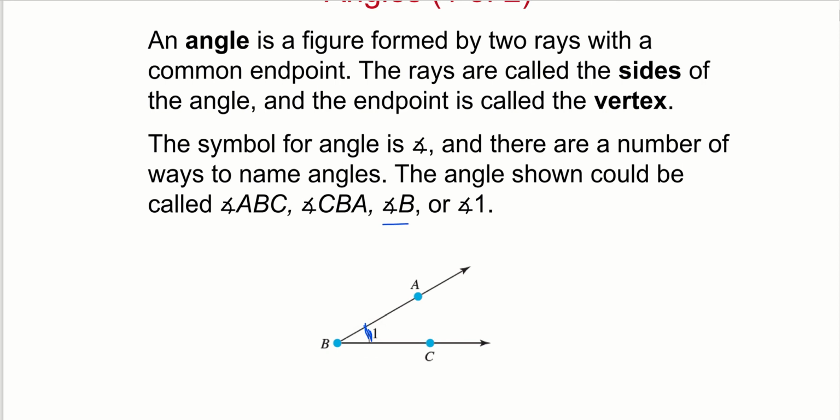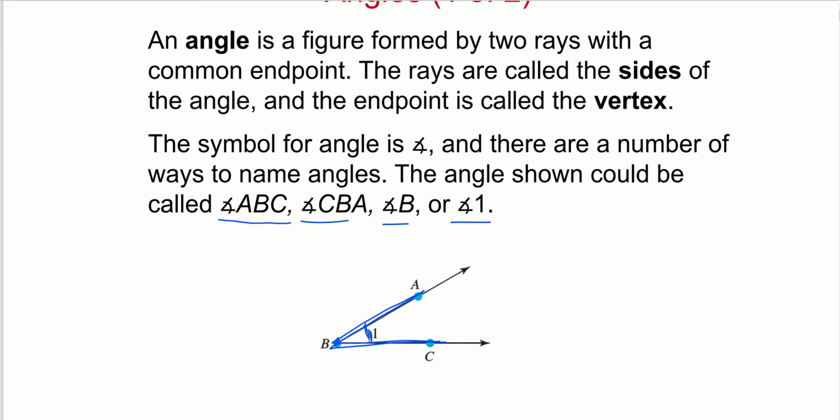If it's unambiguous, we can also refer to it as simply being angle 1, or you can label it according to points on the rays, where the middle point, which we call the vertex of the angle, would be in the middle. So this particular angle, we could refer to it as angle ABC, or you could refer to it as angle CBA.